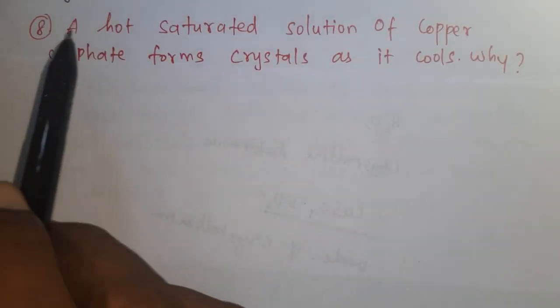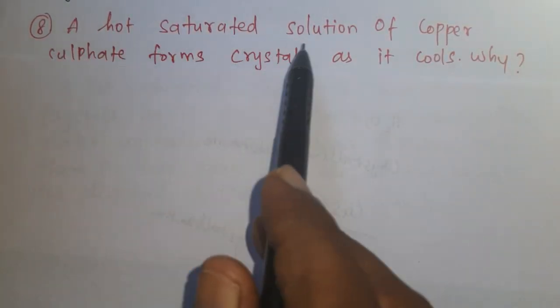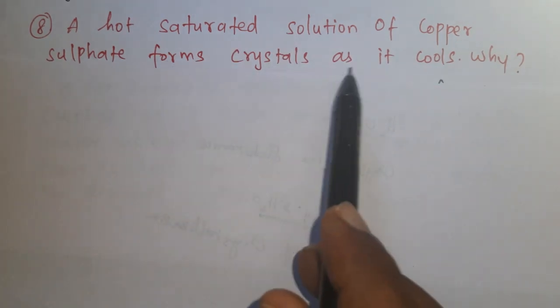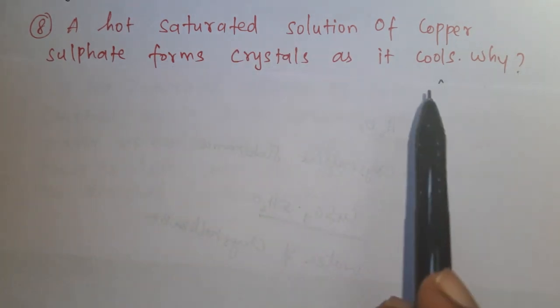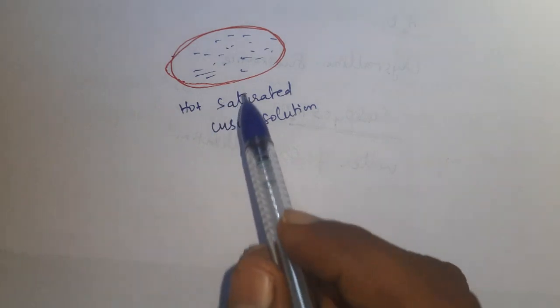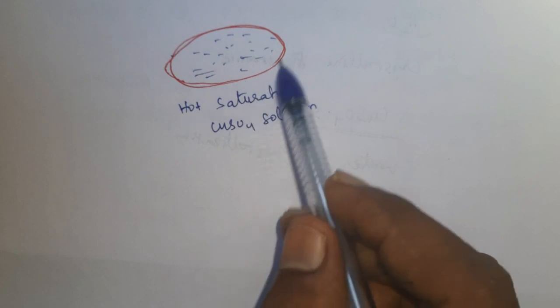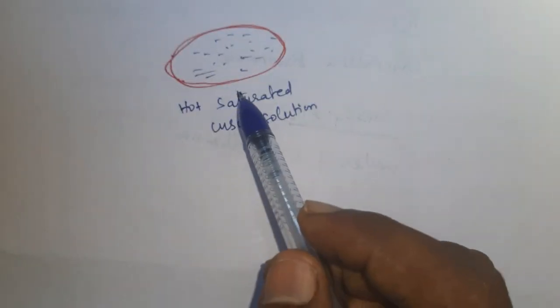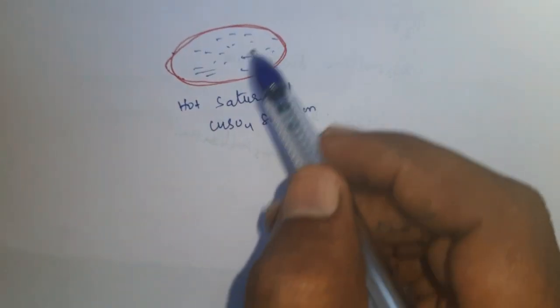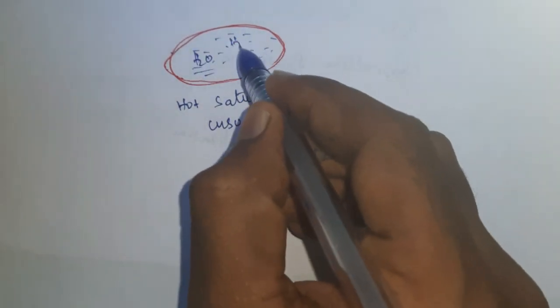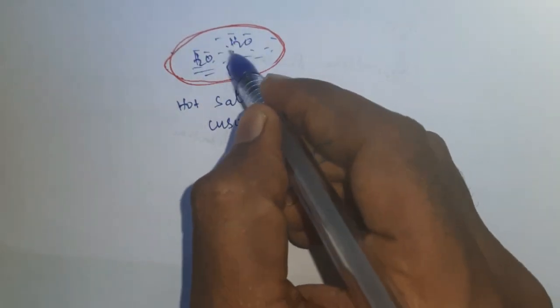Question number 8. A hot saturated solution of copper sulfate forms crystals as it cools. Why? Let us consider this is hot saturated CuSO4 solution, copper sulfate solution. If we cool this solution, the water molecules inside the solution come close together.